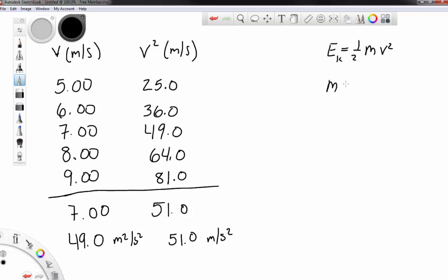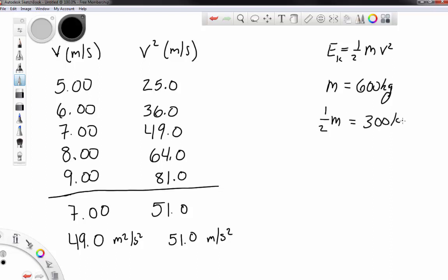And we were given that they're all identical cars that have a mass of 600 kilograms. So if we take 600 kilograms, that divided by 2, that's this 1/2 m part of it, we would end up getting 300 kilograms. So let's go ahead and write that over here for simplicity.